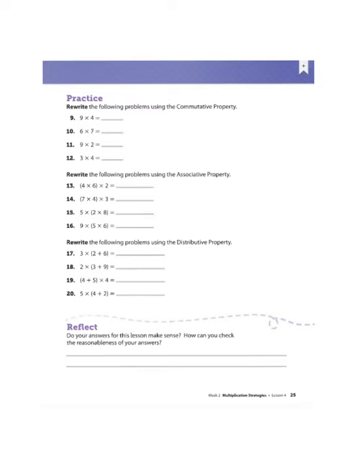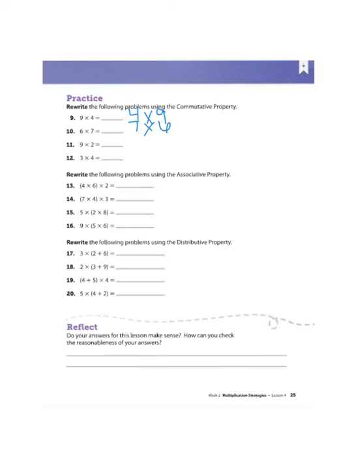Okay, so the commutative property, if you look back on your key idea, they just flip-flop the problem. So instead of 9 times 4, this is going to be 4 times 9. Instead of 6 times 7, I'm going to flip-flop it, and this is going to be 7 times 6. Again, the commutative property has no parentheses.